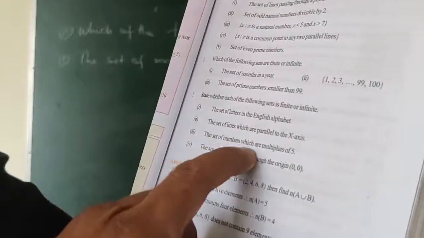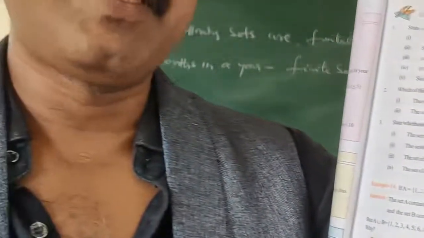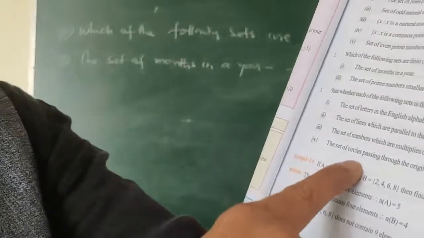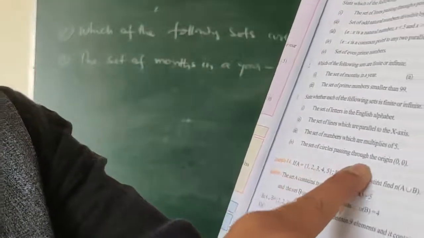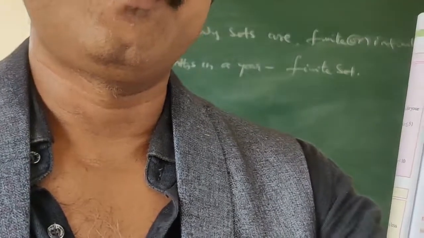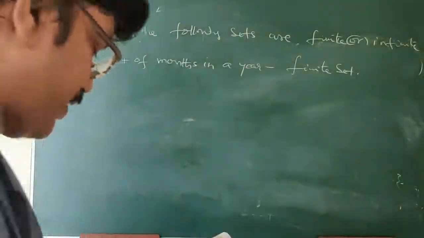The set of numbers which are multiples of 5 is infinite. The set of circles passing through the origin (0, 0) is also infinite.